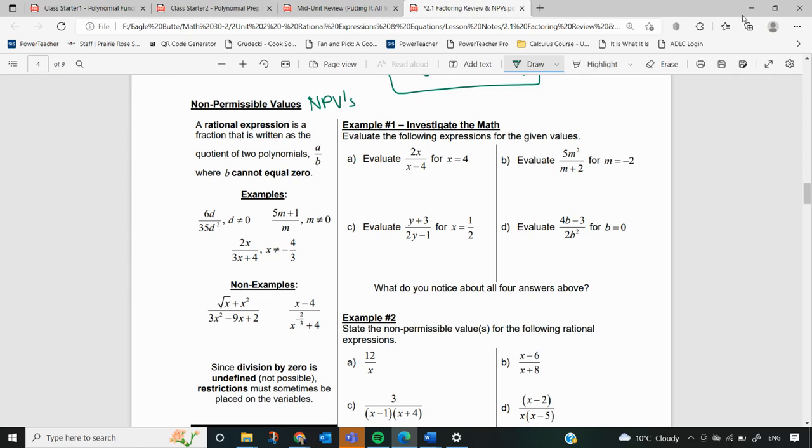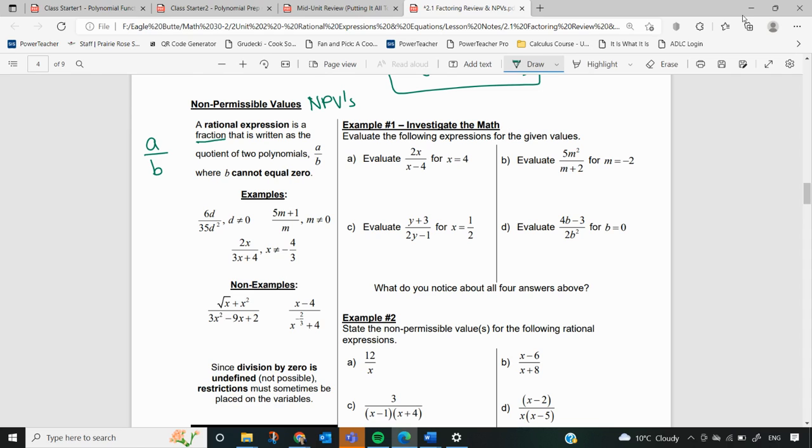All right, so a rational expression is a fraction that is written as a quotient of two polynomials. So in grade 8, you started working with rational numbers, i.e. fractions. Now we're working with rational expressions. So these are still fractions, but there's variables involved. Now, whenever we're dividing with a fraction, or we have a variable in the denominator, we have to consider restrictions.